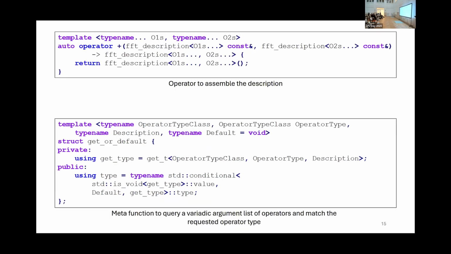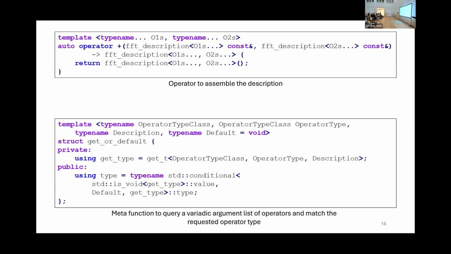This is done with this very ugly function or type, basically, which uses the previously mentioned operators and pattern matches the argument list, the variadic argument list.